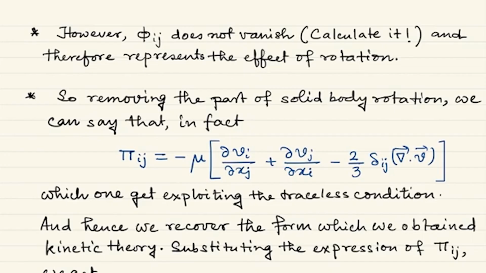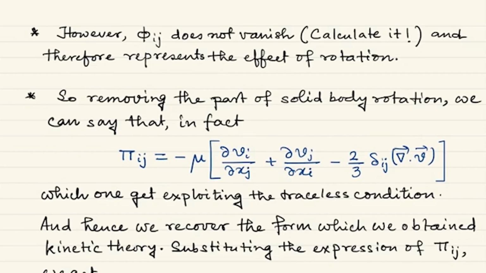so if you remember, if you just calculate this one, pi ii, every time you will have del vi del xi, del vi del xi minus 2/3, this will be 1 and there will be divergence of v. Okay, so you just calculate and tell me.